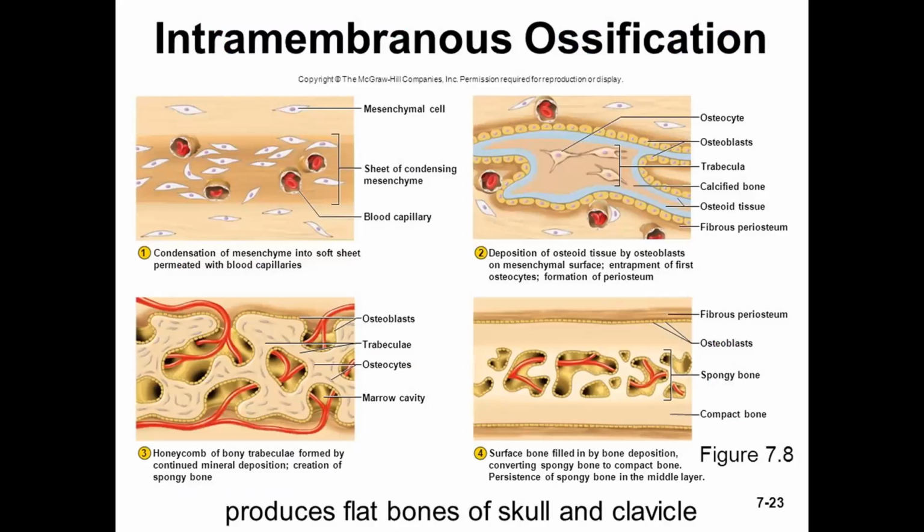Here is a diagram to show you intramembranous ossification. In the first picture, you can see condensation, or the coming together, of the mesenchymal tissues into a soft sheet, and this sheet is permeated or broken into parts by the blood capillaries. Then you get osteoblasts in the center and periphery, and they start to lay down the bone matrix.